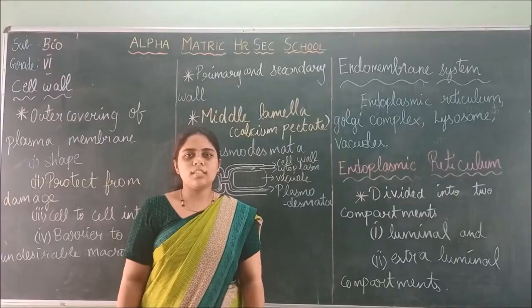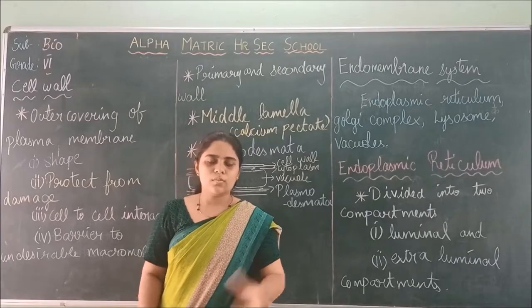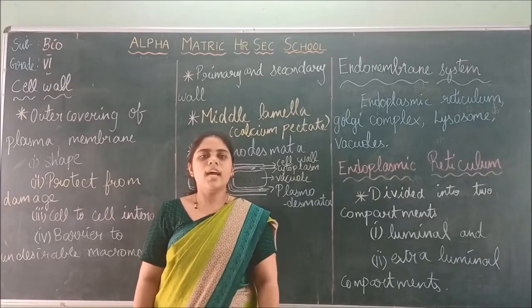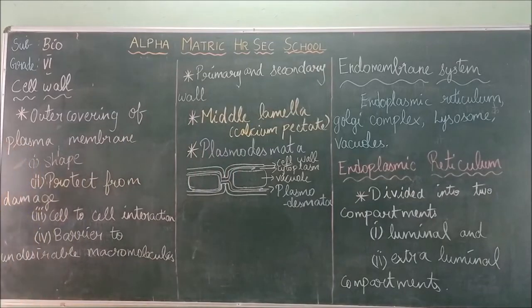The next organelle we are going to see is the cell wall. So we saw about plasma membrane and now cell wall. What is cell wall? It is the outer covering of the plasma membrane. The plasma membrane is there, and over that another covering is there, that is called the cell wall.